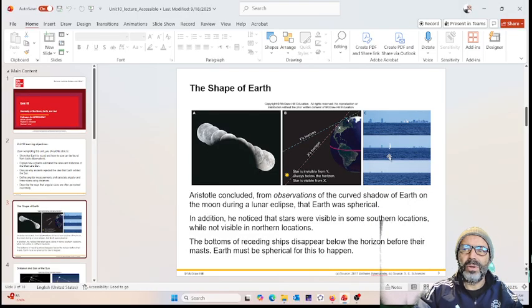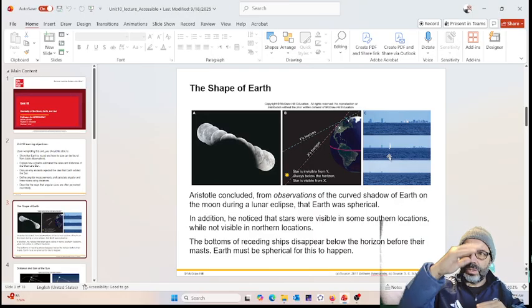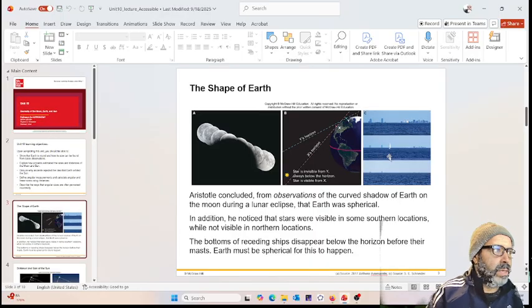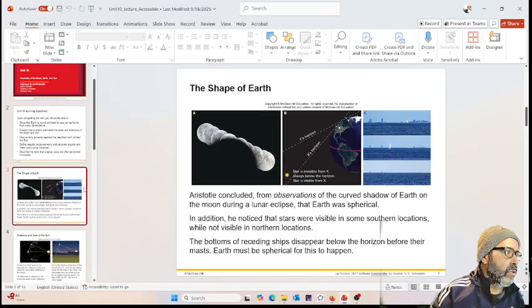So the earth must be curved, a spherical shape, whichever direction the ship goes. It disappears from the bottom up, and when it comes to shore, it appears from the top first. So it's like coming from downhill, trying to rise to you. So that's the argument that the earth was spherical in shape.